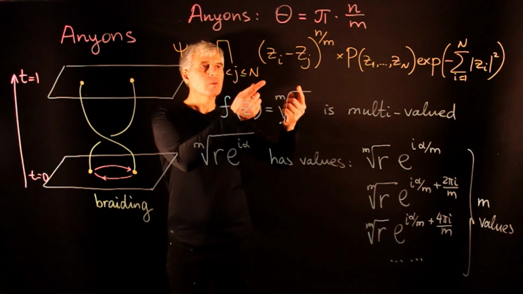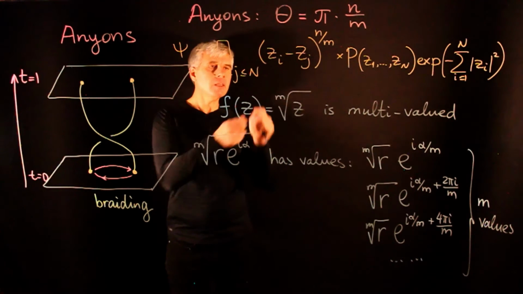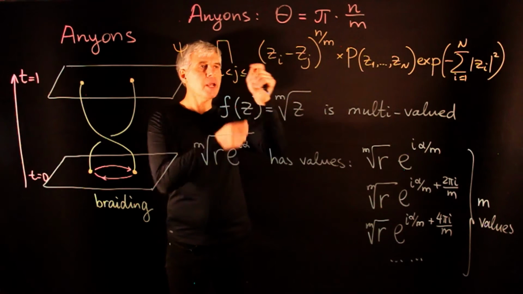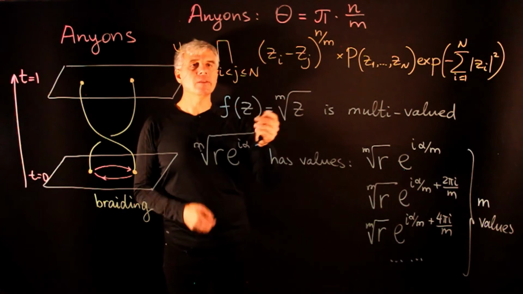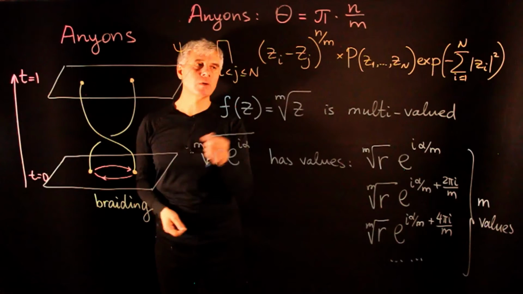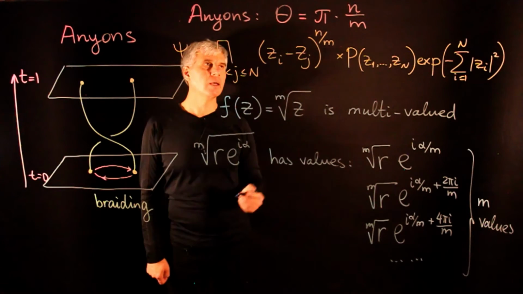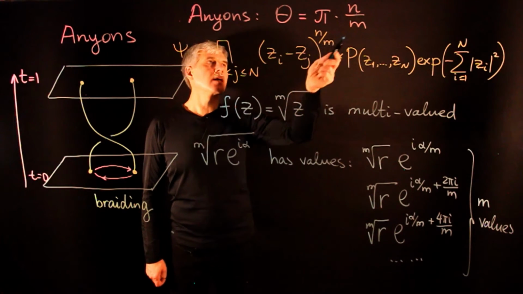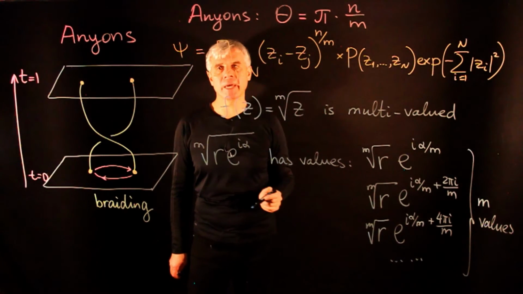For this reason, when we look at exchange of particles for this wave function, we will be traveling from one branch of this function to another, and the effect of such an exchange will be an extra factor that appears at the function psi. The phase shifts that appear in this instance are rational multiples of pi, so these are pi times n divided by m.